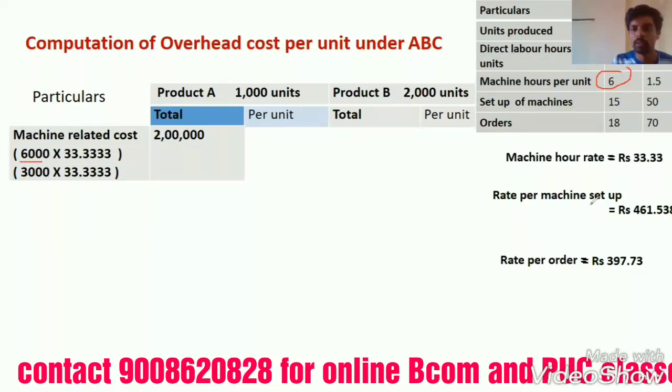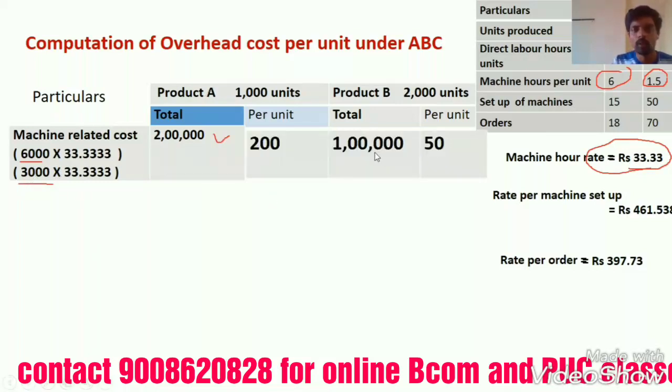So 6000 hours into, for 1 hour, the mission hour rate is 33.33 rupees. So multiply that. 6000 into 33.33 is 2 lakh rupees. Then B, to make 1 unit of B, we need to spend 1.5 hours. So to make 2000 units, we need to spend 3000 hours. So 3000 into 33.33, we will get 1 lakh rupees. Then find out per unit cost.